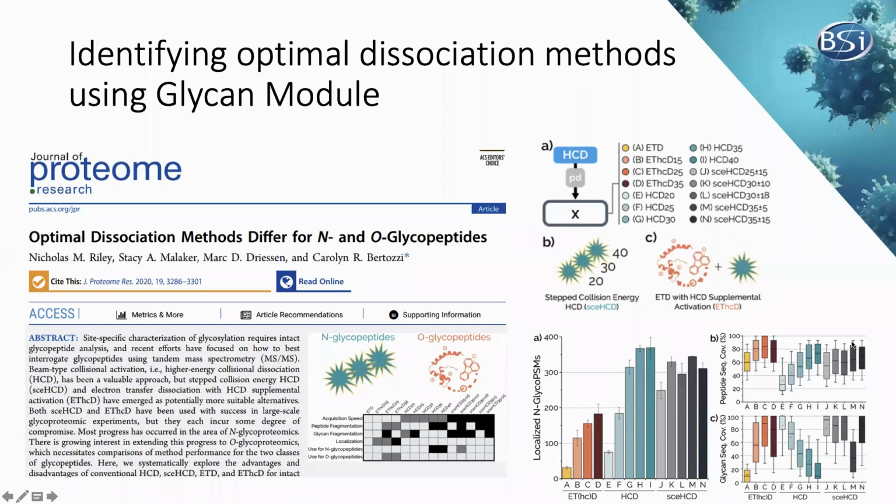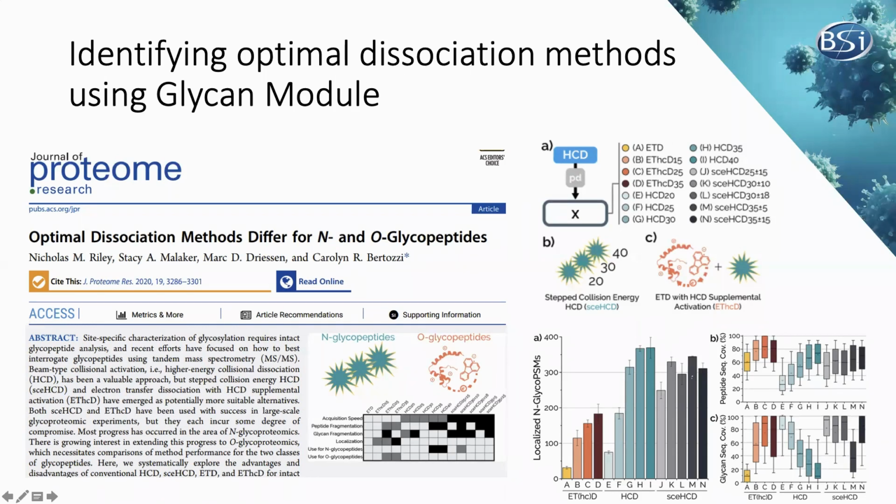They talk a lot about sequence coverage for both peptides and glycans from the different methods, as well as the ability to localize the glycan to a specific site within a glycopeptide, and differentiating between the best method for either N-linked or O-linked glycopeptides. These are the different dissociation methods that were tested in the paper. There's 14 total here.